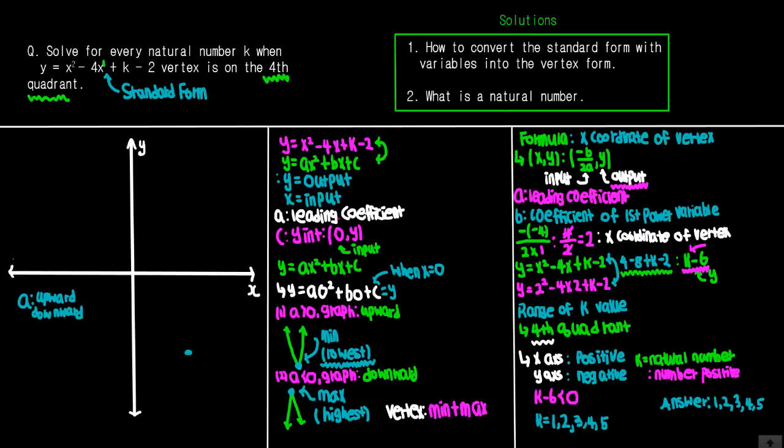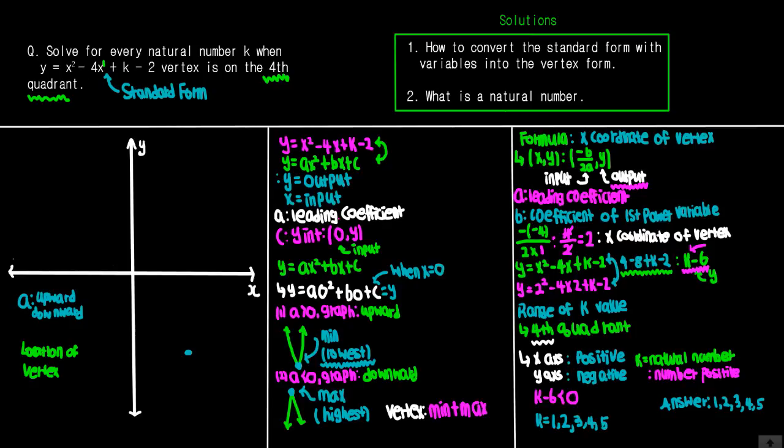The second most important thing is the location of the vertex. So the y-intercept and x-intercept, it doesn't matter if we get them wrong. All we need is these two things.